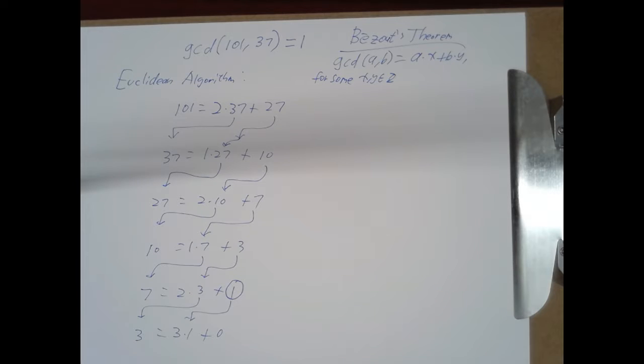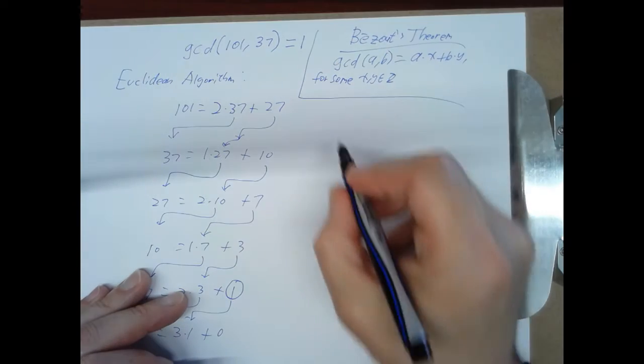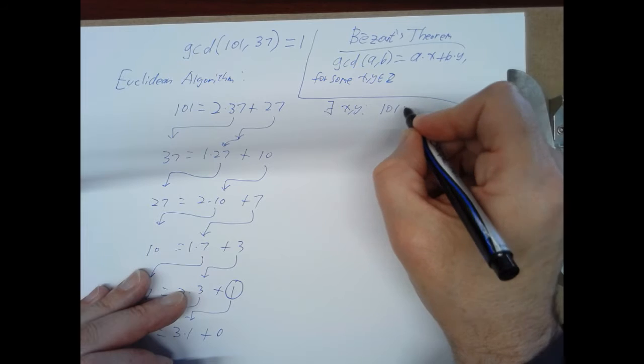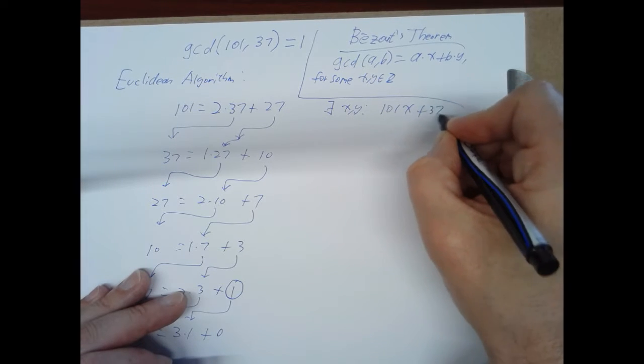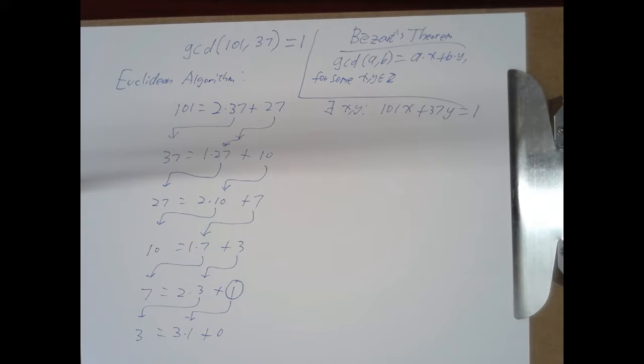So Bezout's theorem says if you have the GCD of two numbers, you can write that greatest common divisor as some linear combination of those two numbers. The first number multiplied by an integer plus the second number multiplied by an integer. Which tells us in particular for numbers that are relatively prime, there exists an x and a y such that 101 times x plus 37 times y is equal to their GCD 1.